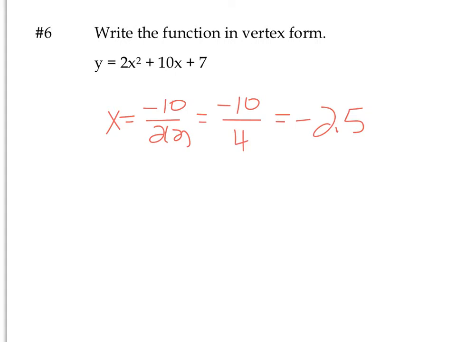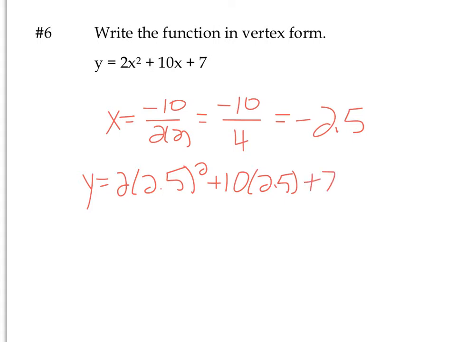So now to find the y value of the vertex, we're going to have to do y equals 2 times 2.5 squared plus 10 times 2.5, plus 7.